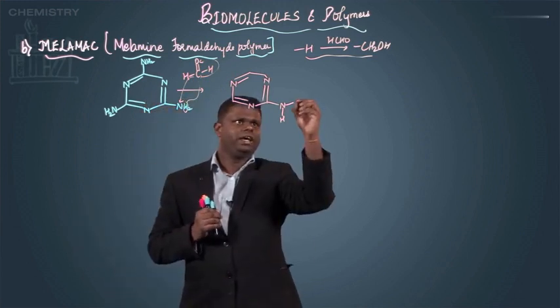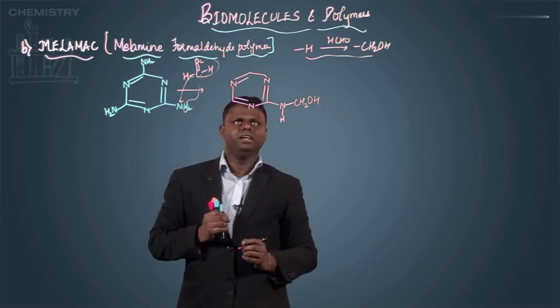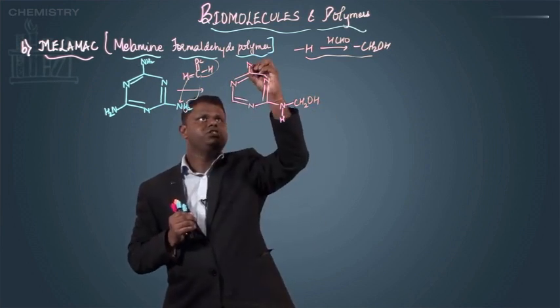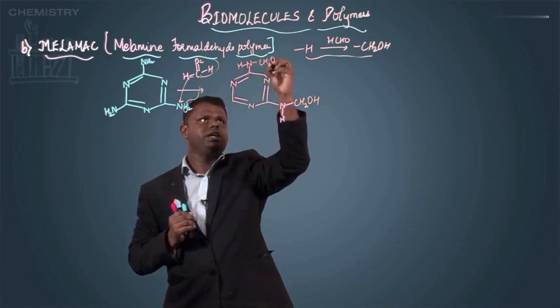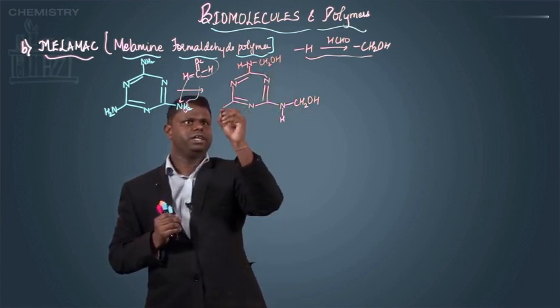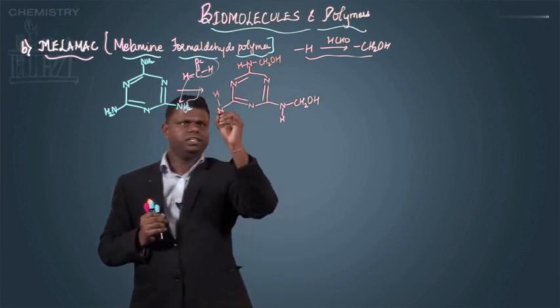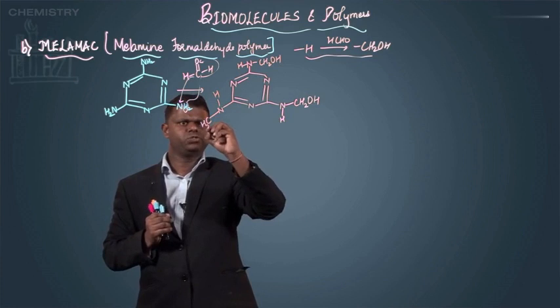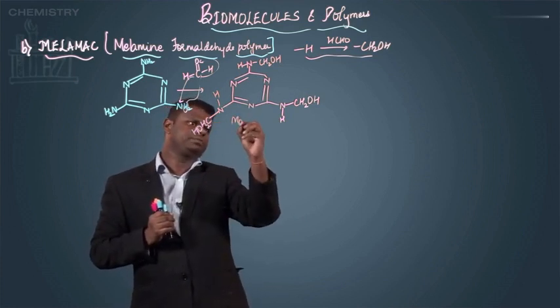So you have NHCH2OH, right? Similarly, you have an H and then here N. This will become NHCH2OH. Again, the same thing. This N is connected to H, and then this hydrogen will become CH2OH, right? So this is nothing but the monomer.